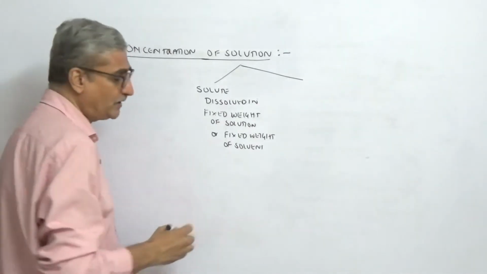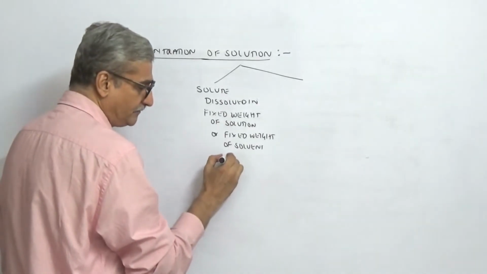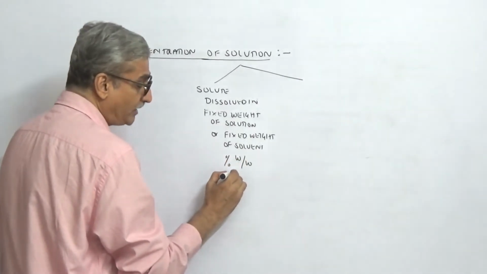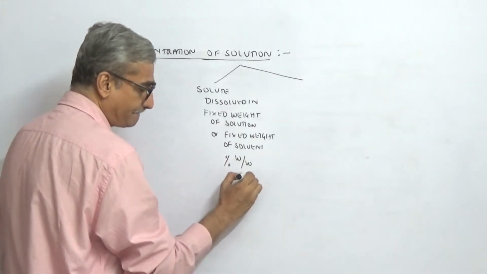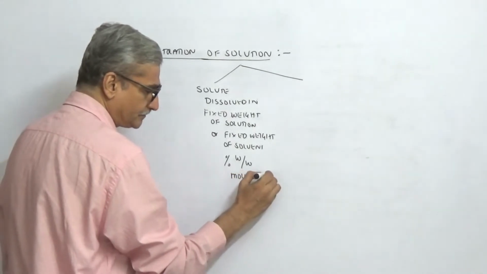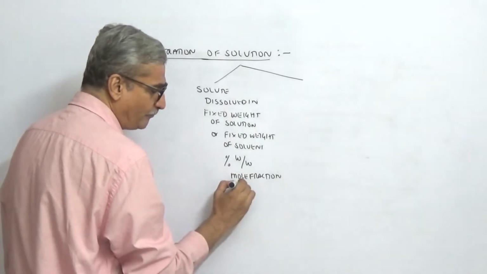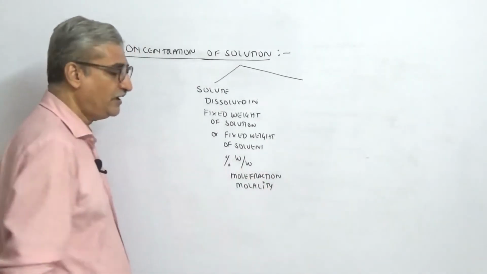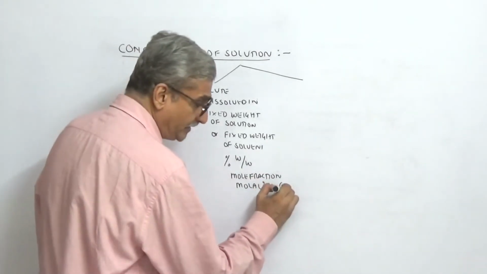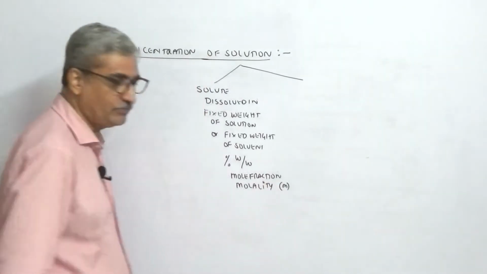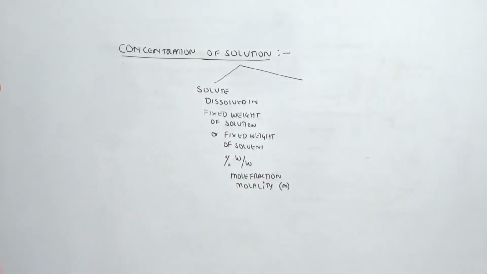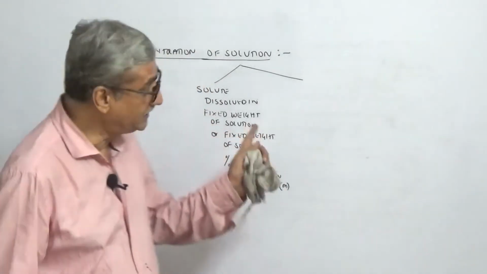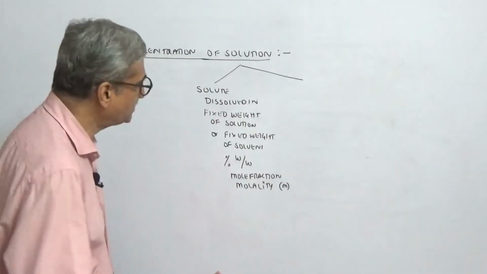The examples we have in this are percentage weight by weight, mole fraction, and molality. Molality, small m. You must have heard of molarity; we are talking about molality, small m. So what is the importance of this? I'll teach the next one and then explain the importance of this.